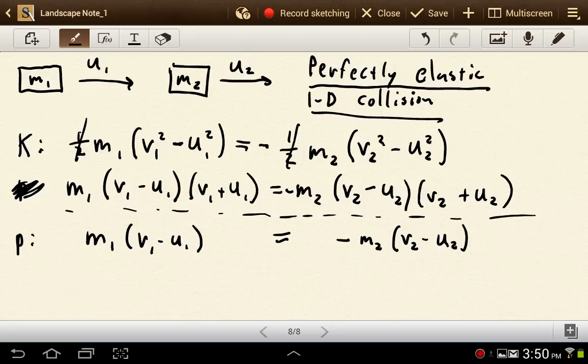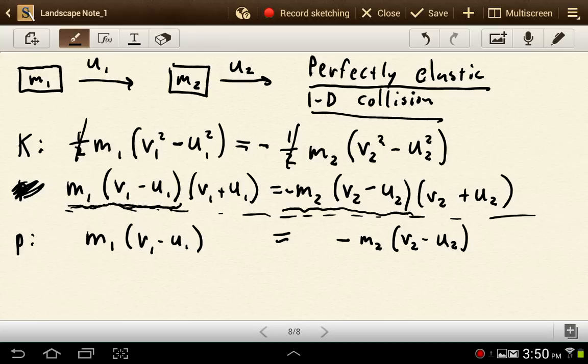What we'll notice is that this part I'm underlining is equal to the change in momentum, right? This was part of the kinetic energy equation, but it's now the same as the momentum equation. And over here, the part I underlined is the same as the momentum equation on the right-hand side, right?